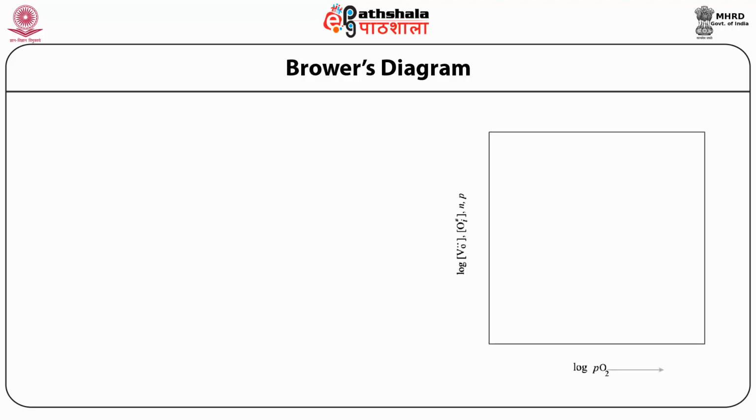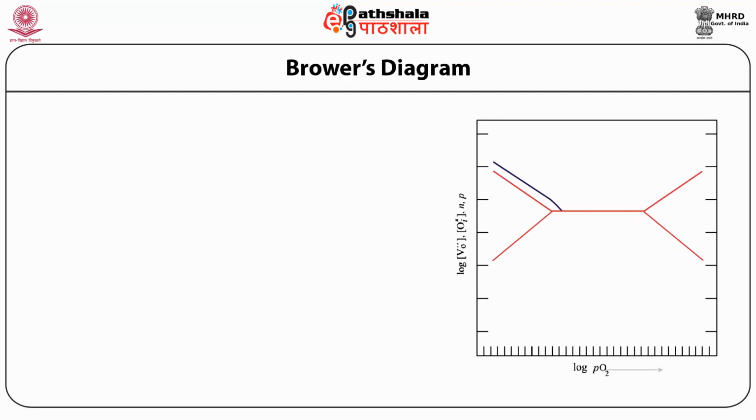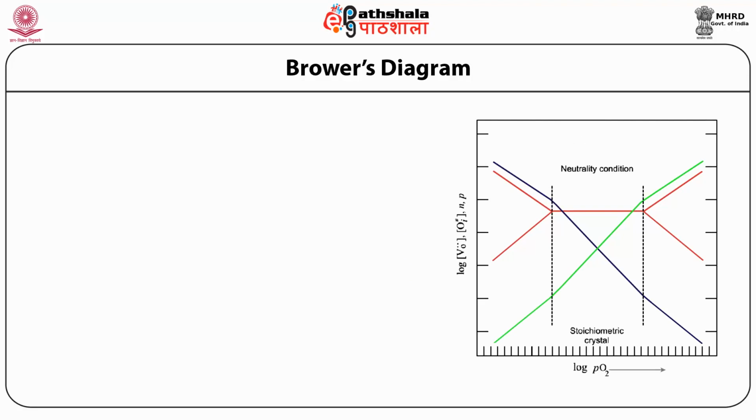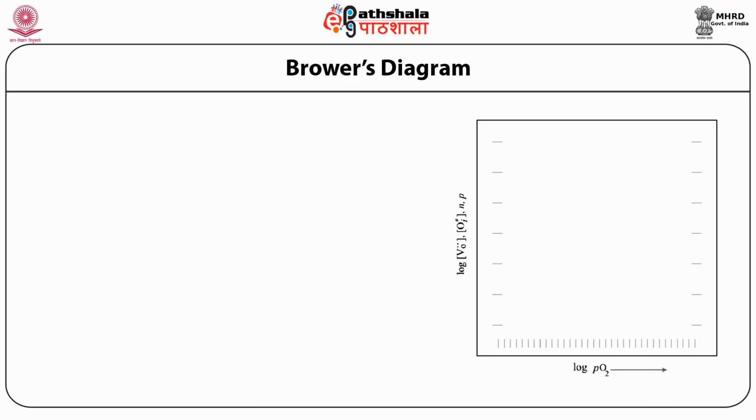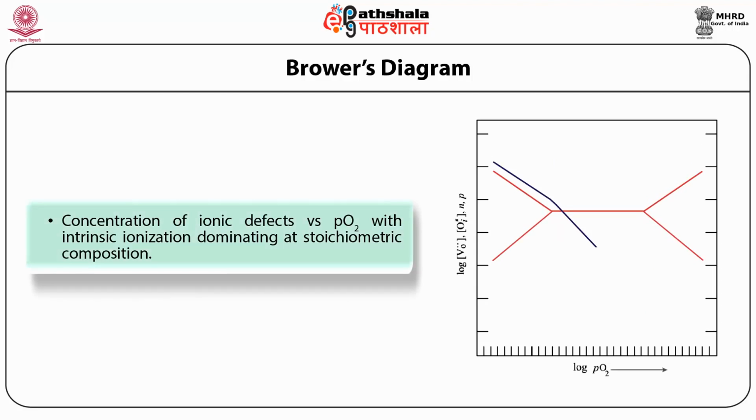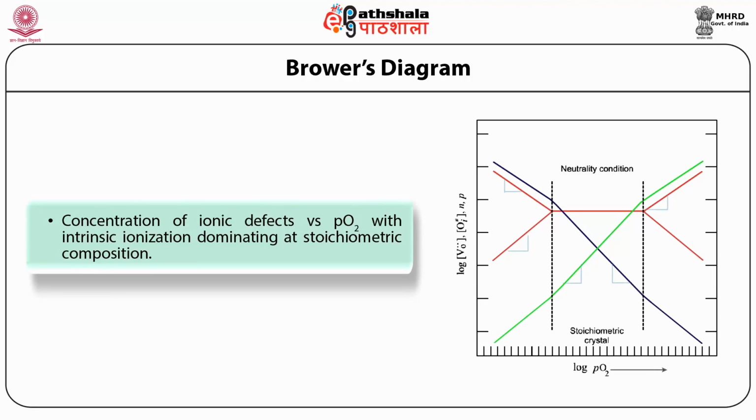Now let us discuss Brouwer's diagram for intrinsic ionization dominating at stoichiometric composition. Using a procedure similar to that explained in the previous slide, except that in the central region now n is equal to p, as intrinsic ionization dominates at the stoichiometric composition, we obtain the figure which is shown on the left hand side of the slide.